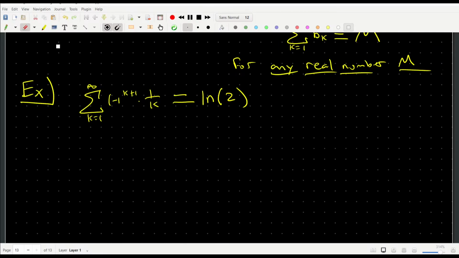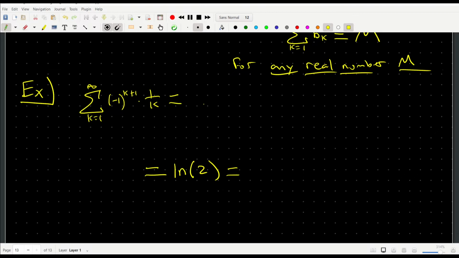This series is conditionally convergent, though. The sum of the absolute values certainly does not converge. So what the rearrangement theorem is saying is that the order generated by this formula right here for the terms is very, very important.